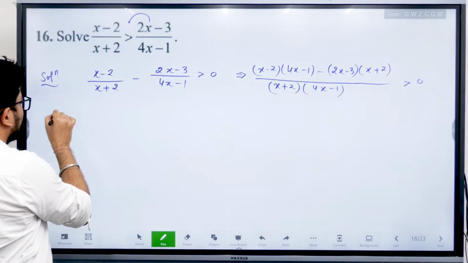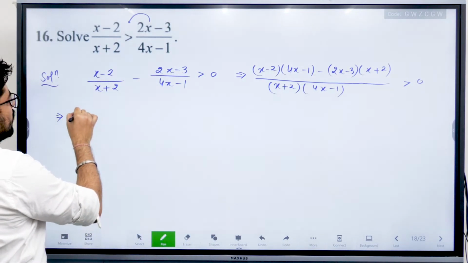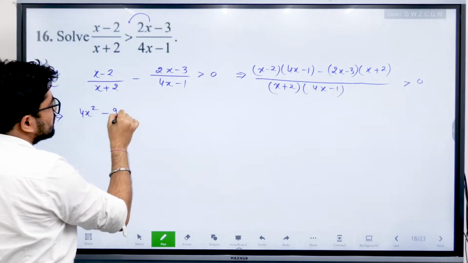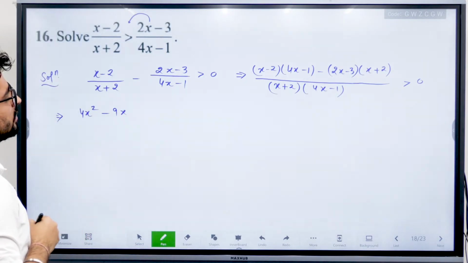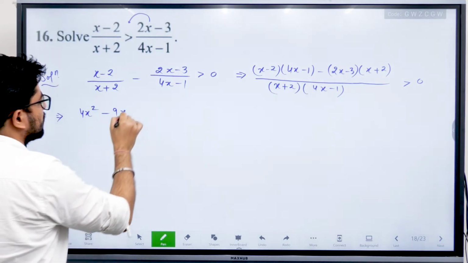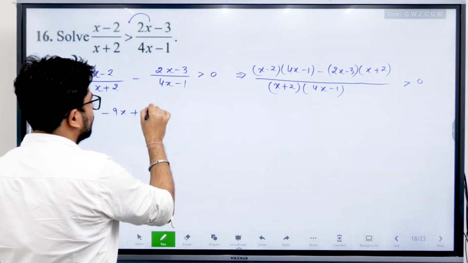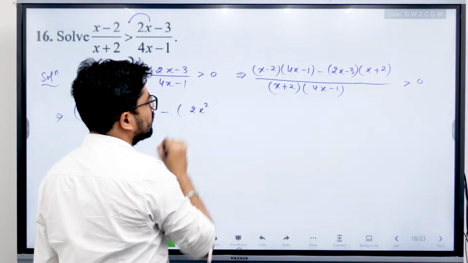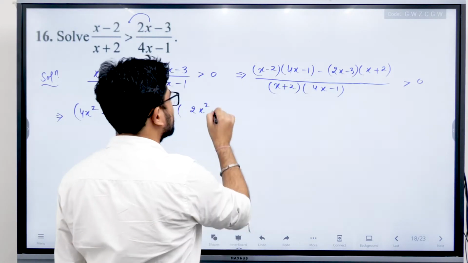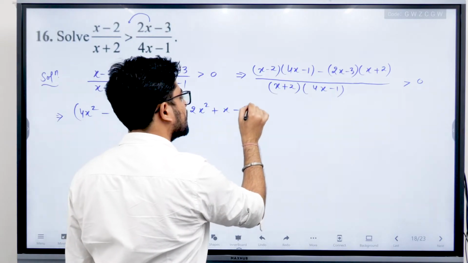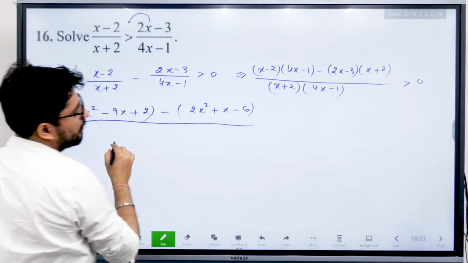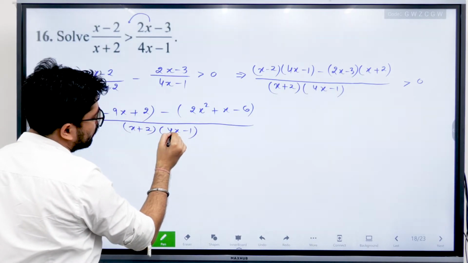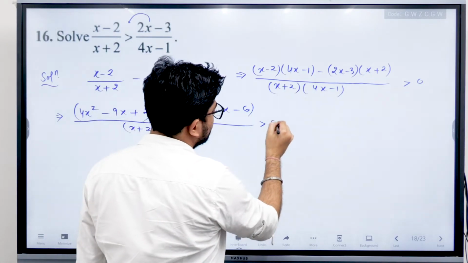When you simplify it, you will get 4x square minus 8x minus x, minus 9x plus 2, and minus, the next thing, 2x square and 4x minus 3x, which is plus x, minus 6, divided by (x plus 2)(4x minus 1), greater than 0.